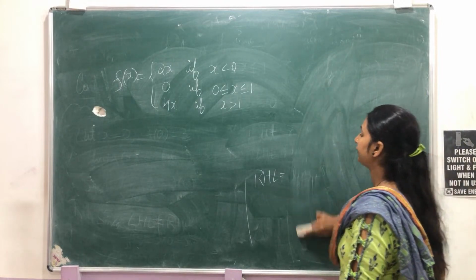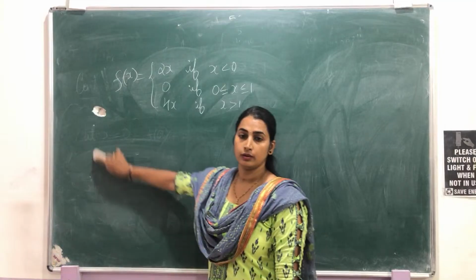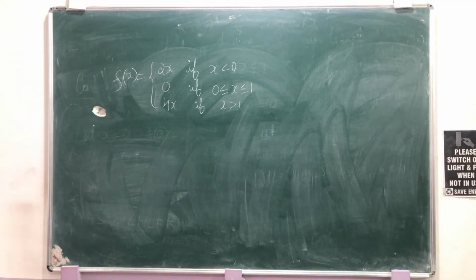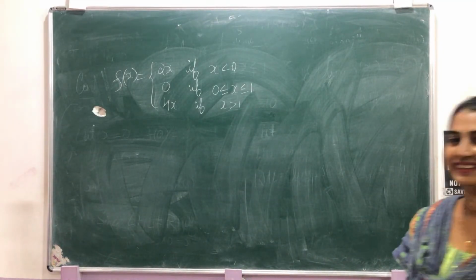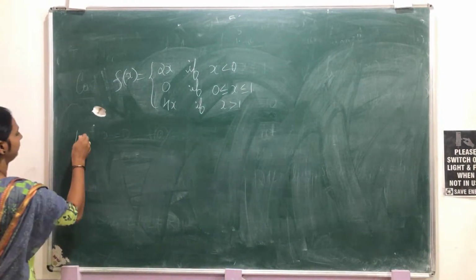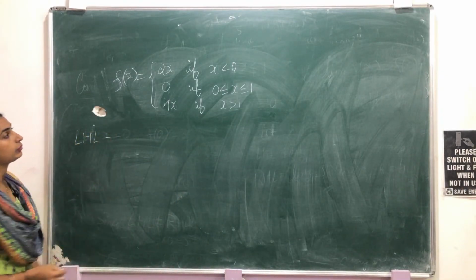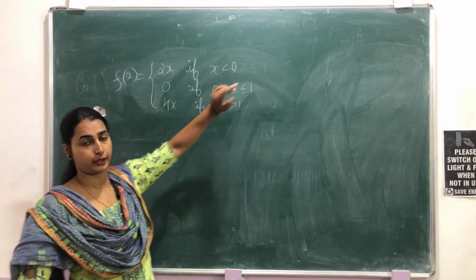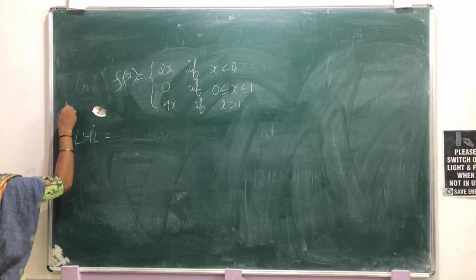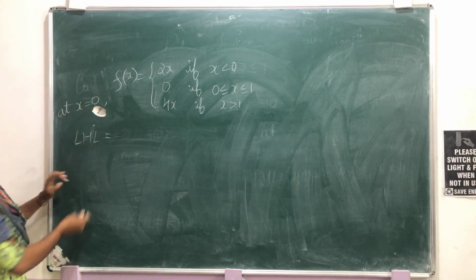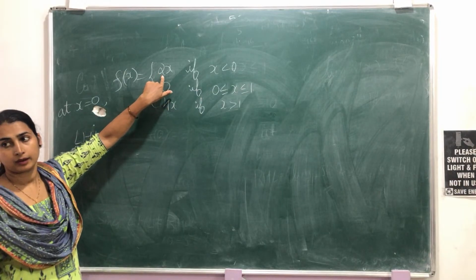What is the second definition? First we are checking at x equal to 0. At x equal to 0, what is the left hand limit?